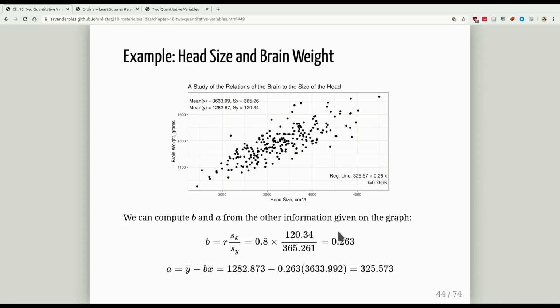So I've done the math here, and we do in fact get our regression line values. So far, so good. Math works. Yay!